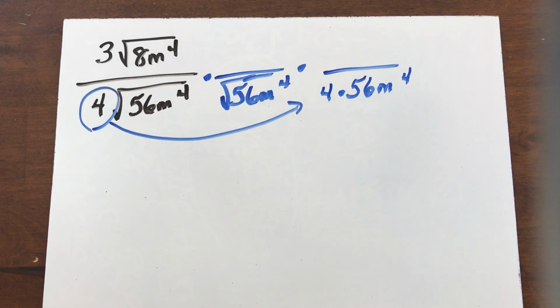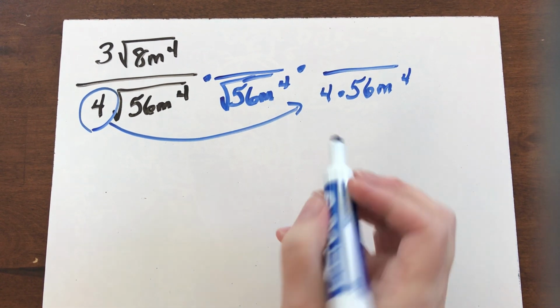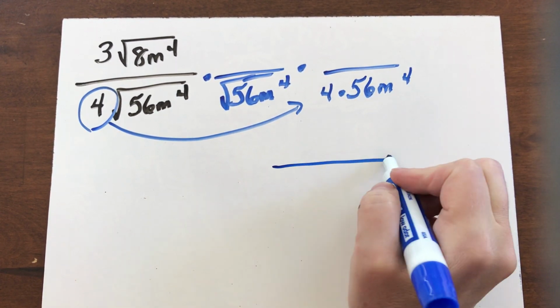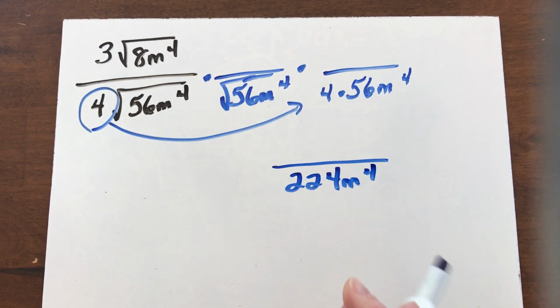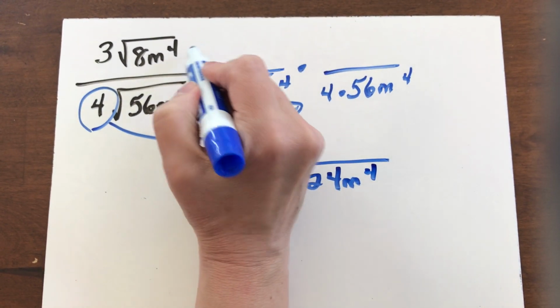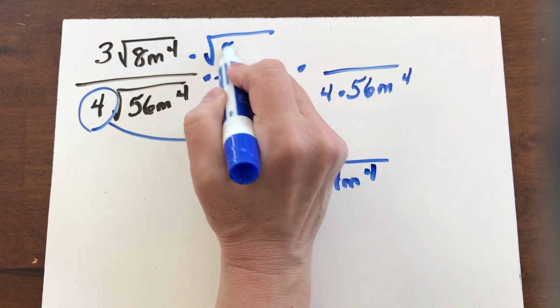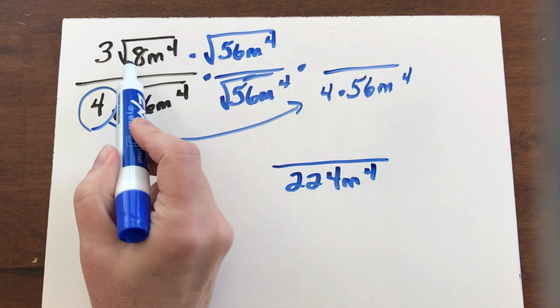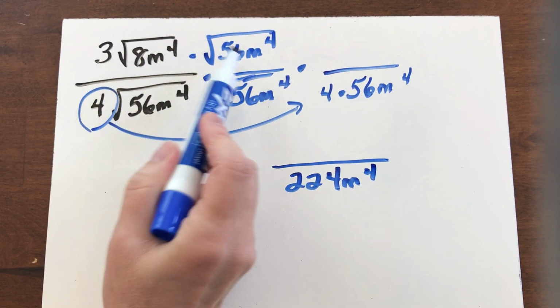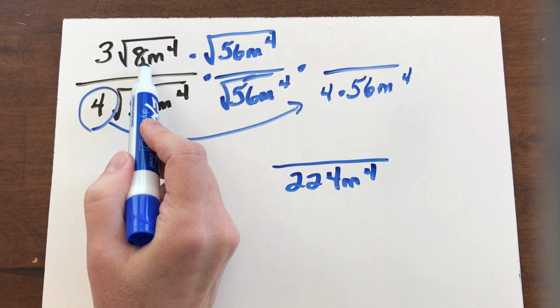Okay, so then when we have 56 times 4, to come down here to the bottom, we have 224m to the fourth. Okay, that's your denominator. Well, now we've got to multiply the numerator by the square root of 56m to the fourth. So now this is where we multiply. We'll be multiplying with radicals.